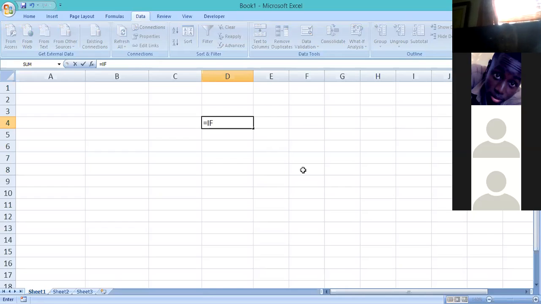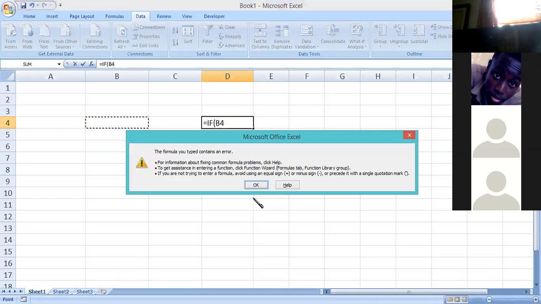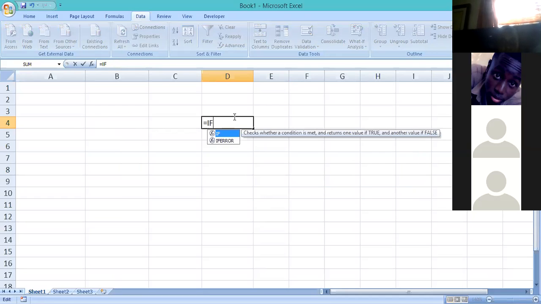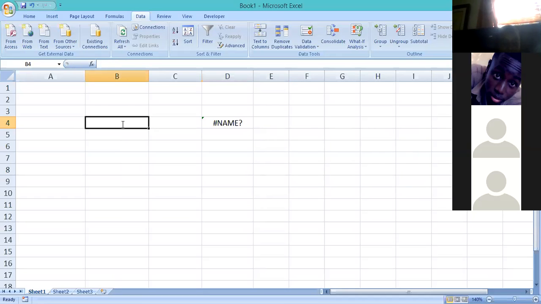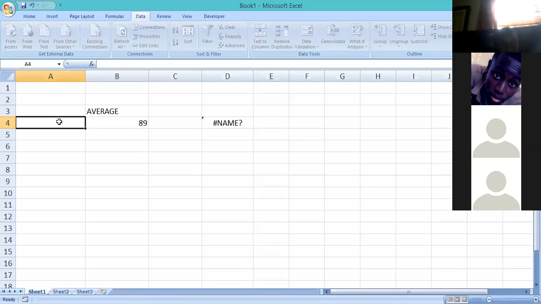and say the person's average is, let me put in something in there. The person's average is 89, right? This is their average. Person name K. So we are going to decide if the person pass or fail.